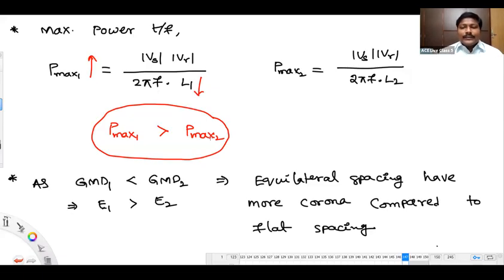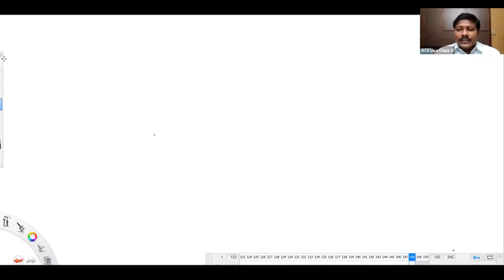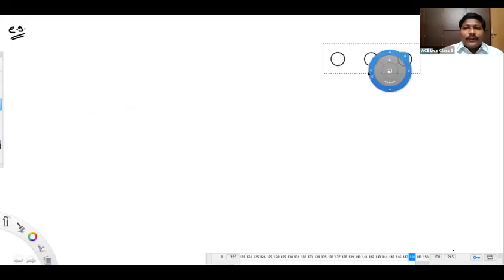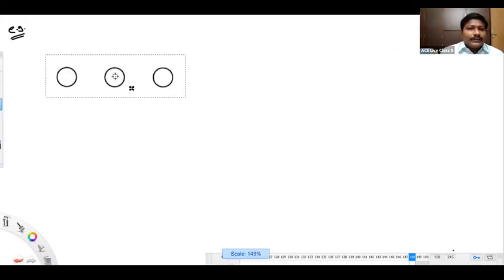Let's take this flat spacing a little bit more. A small extension I want to make now for the flat spacing. For example, I have flat spacing conductors here, something like this.